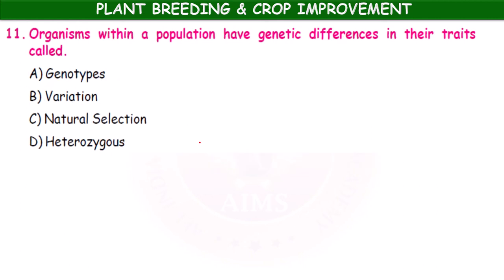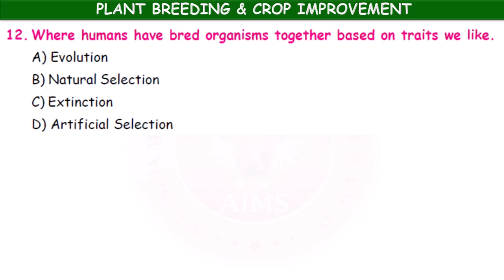The organisms within a population have genetic differences in their traits called genotypes, variation, natural selection, heterozygous. It is variation, genetic differences. Variation is nothing but the differences. The genetic term used for showing these trait differences is variation.